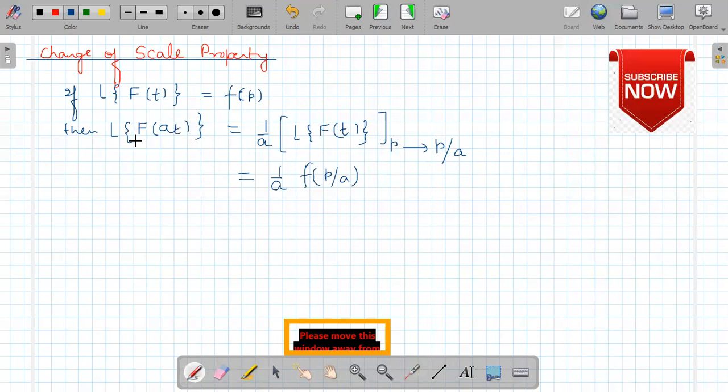We can obtain the Laplace transform of this function by just dividing the whole answer by a, where a should be a non-zero real number, and in this f(p), p is replaced by p upon a.